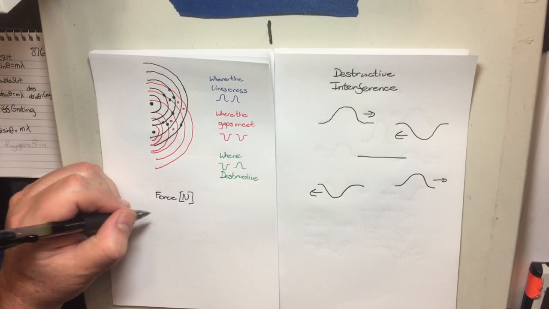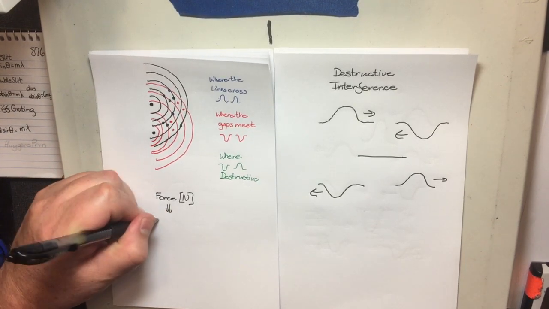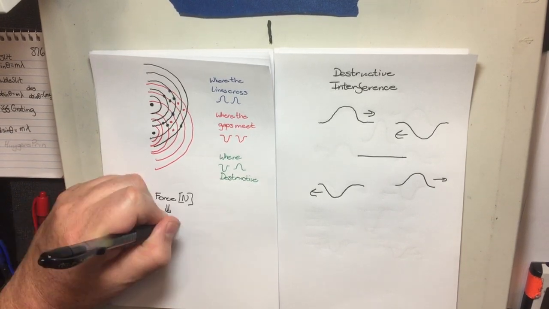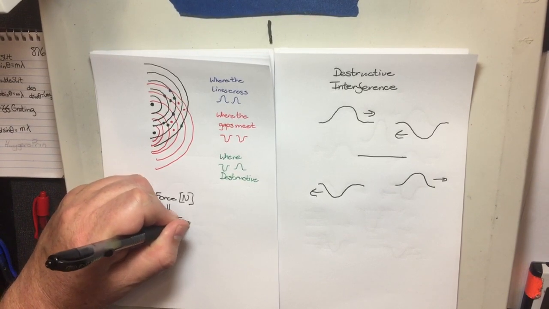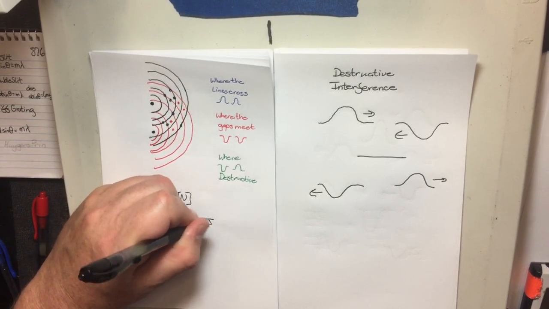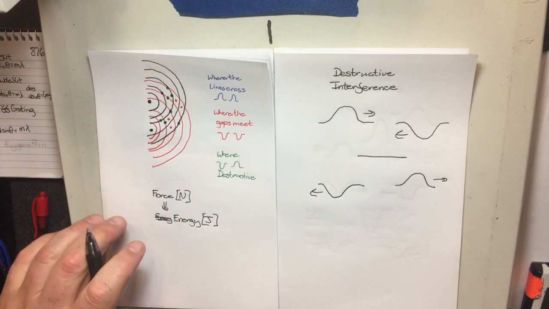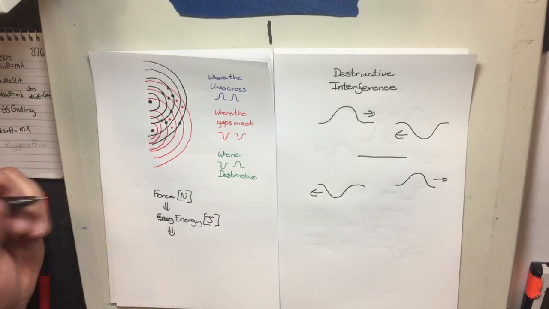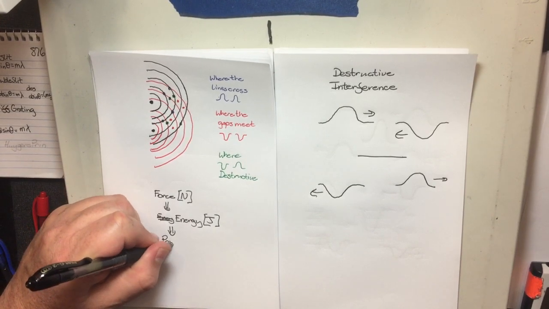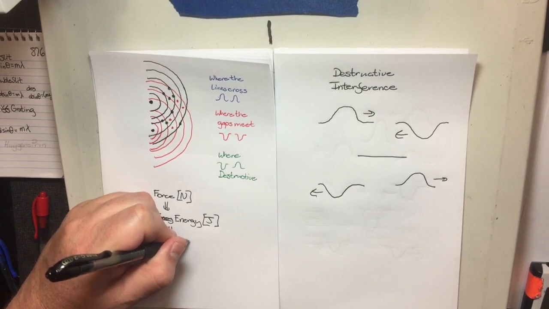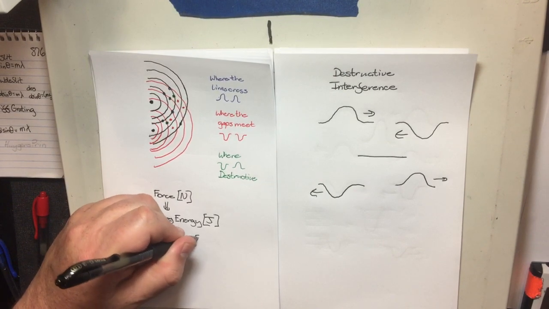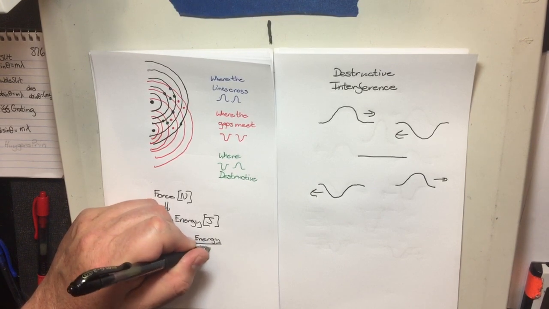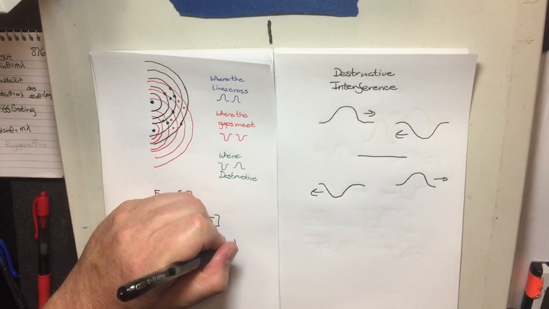Force, when you play with it a little more, you can get energy. And when you compare energy, you add in time, you can get power. So power is just the energy transferred per time. And we can call that a watt.